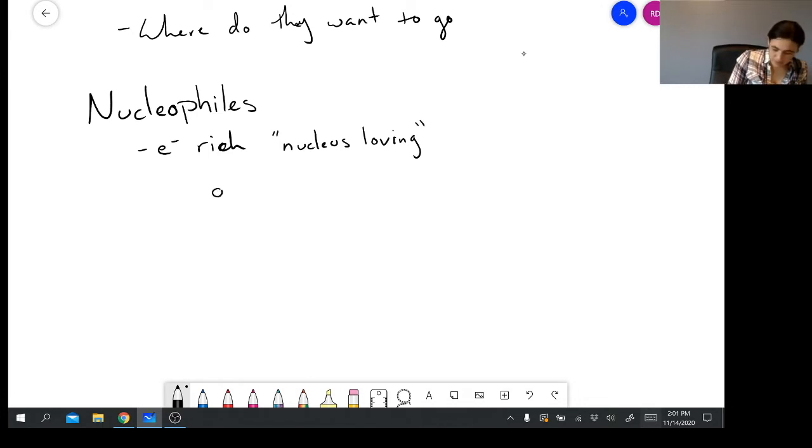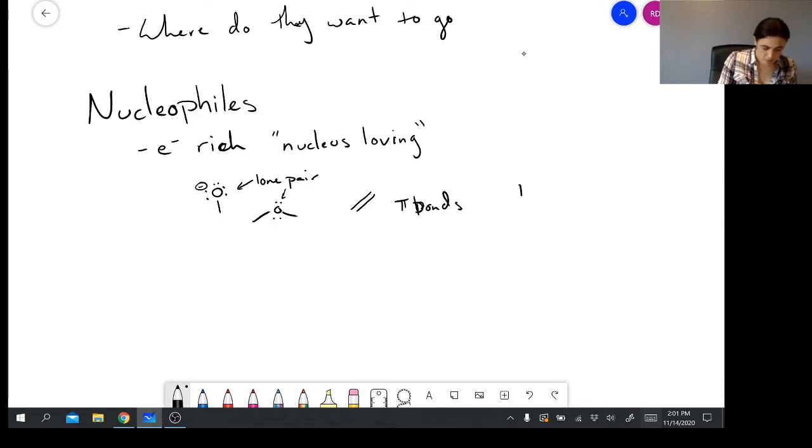Those can be things like lone pairs, an example here. That could also just be a standard lone pair. Right? They can also be pi bonds. Or highly polarized sigma bonds between things like lithium and carbon.